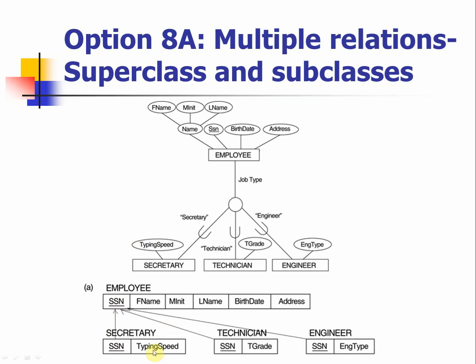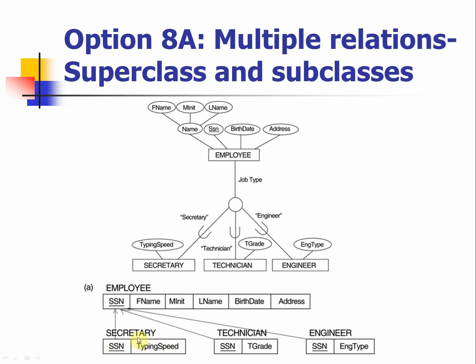I said this is very similar to multi-value attribute in that it creates a primary key, forms the foreign key, and goes back to the belonging entity. The only difference is that for the multi-value attribute, it will have its attribute, and the primary key of this newly created relation will underline both. For the subclass, it's different.